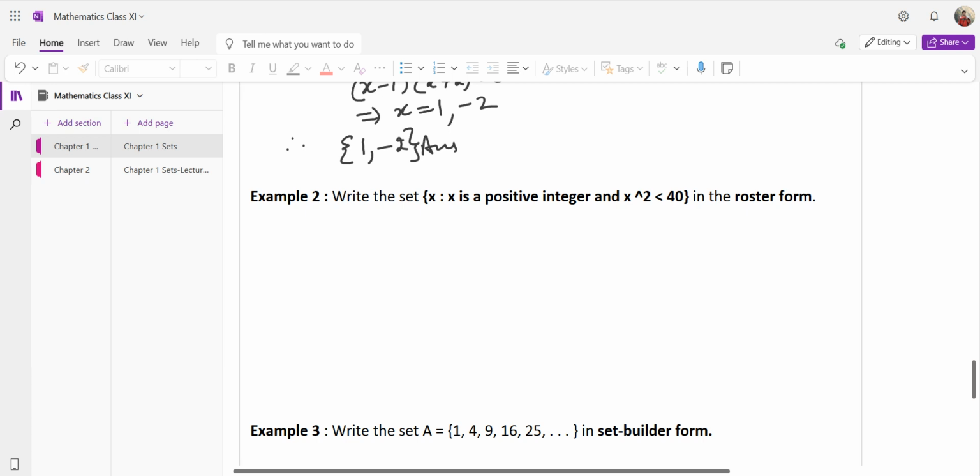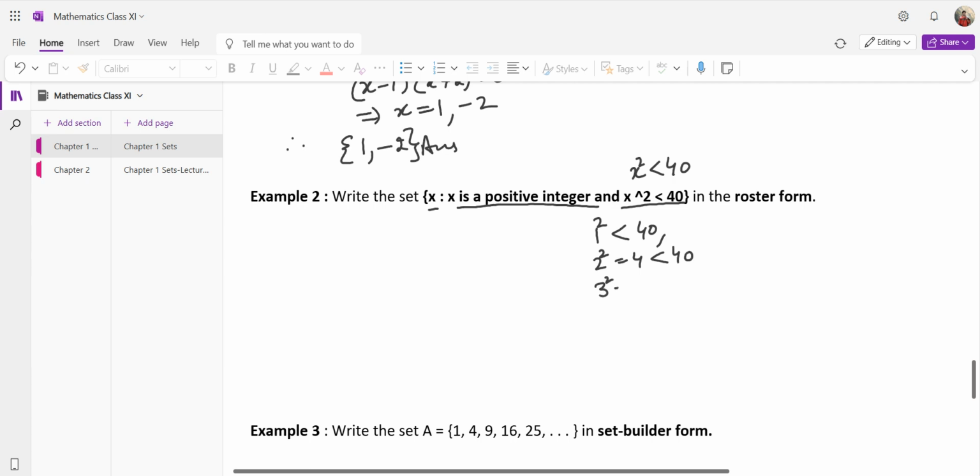The second example is: write the set of x, where x is a positive integer and x square is strictly less than 40. Firstly, find all the positive integers whose square is less than 40. Square of 1 is less than 40. Square of 2 is 4, which is also less than 40.